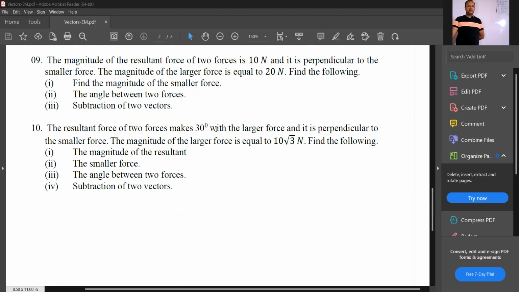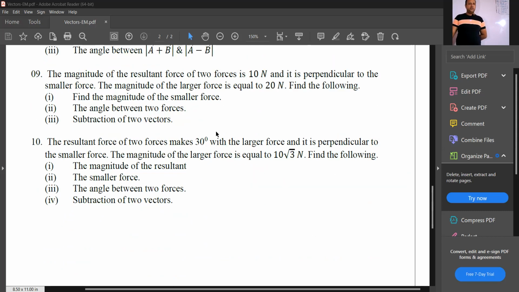Then, the ninth one. The magnitude of the resultant force of two forces is 10 Newton and it is perpendicular to the smaller force. The magnitude of the large force is equal to 20 Newton. Here you have a right angle triangle.